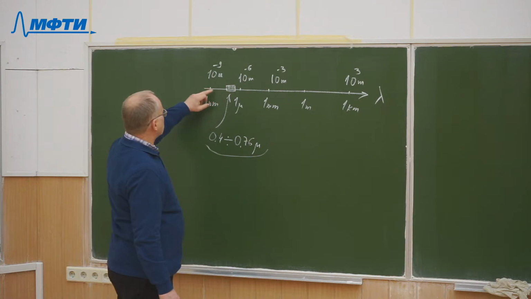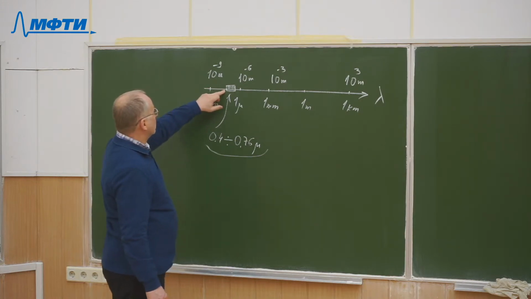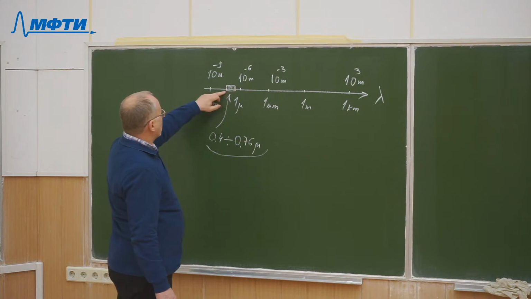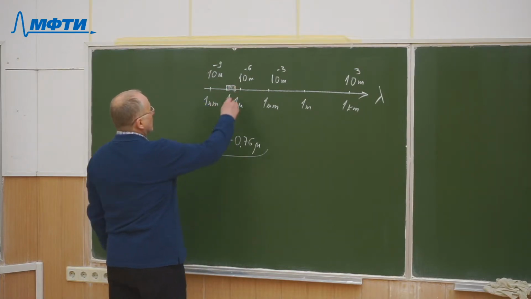If we go further to short wavelengths, we find ultraviolet radiation and X-radiation, X-rays. So in this visible range of light, the largest wavelength belongs to a red line.